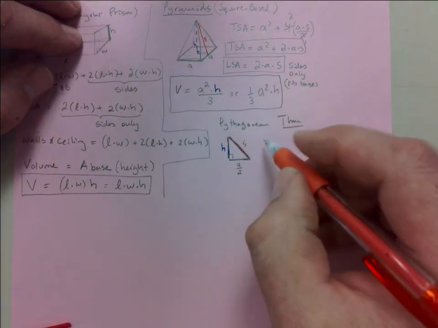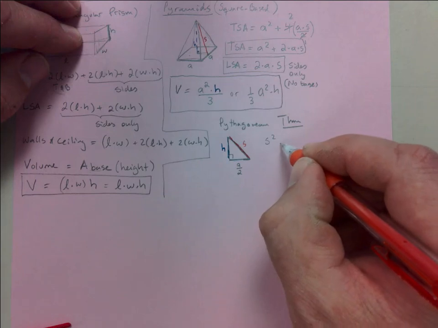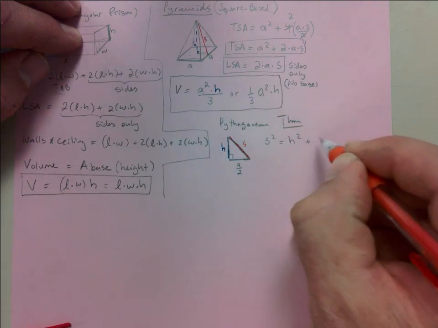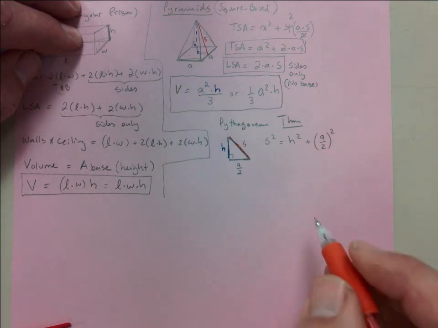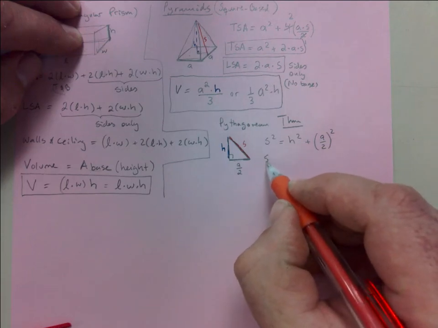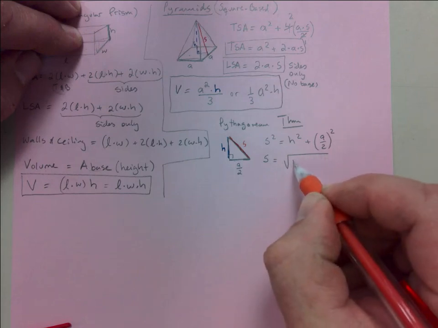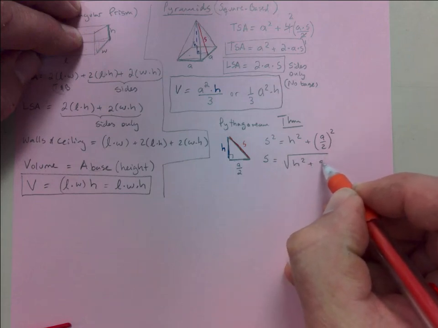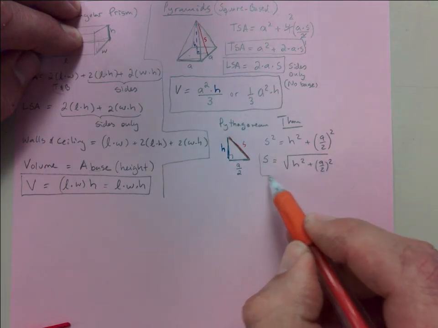So what we know is that slant squared is equal to h squared plus (a divided by 2) squared. Furthermore, I would just use this one: slant is the square root of h squared plus (a divided by 2) squared. So this is if you want the slant.